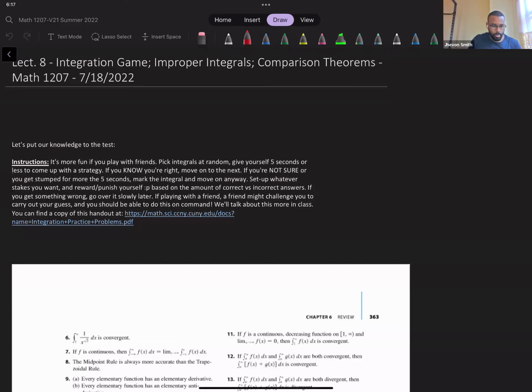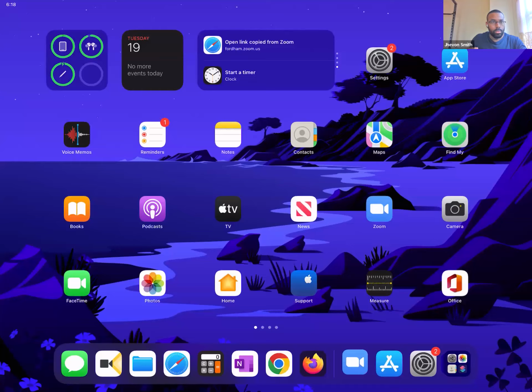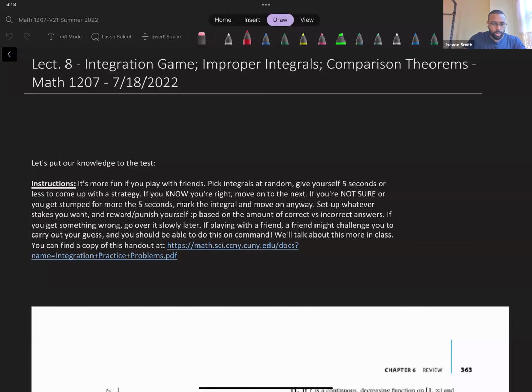Oh, someone's coming in. Okay, yes. Actually, it looks a little weird on my screen, not like it normally does, but okay.